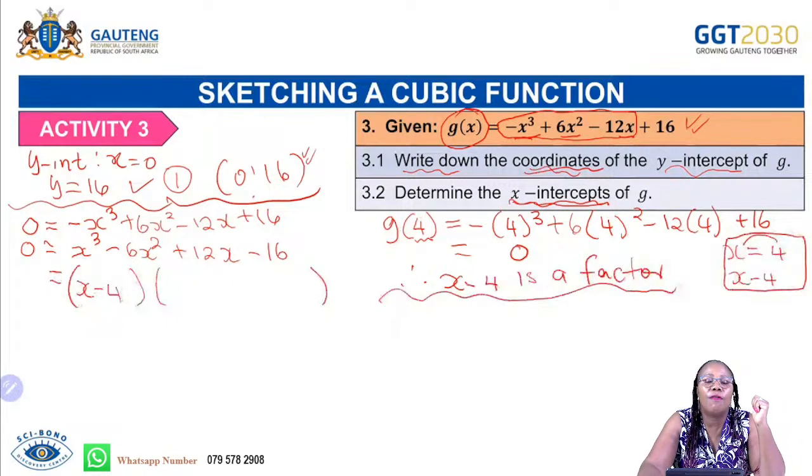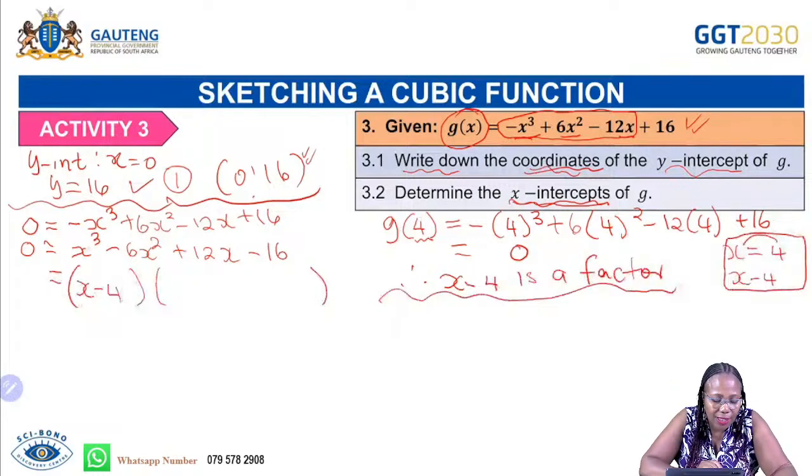As long as we are comfortable with whatever method we are using, it's okay with me. Others are using synthetic, others are using long division. I am going to show you this short method that can assist you to find the factors without making a lot of mistakes, because with synthetic and long division, you make a lot of mistakes in terms of the signs, them being negative or positive.